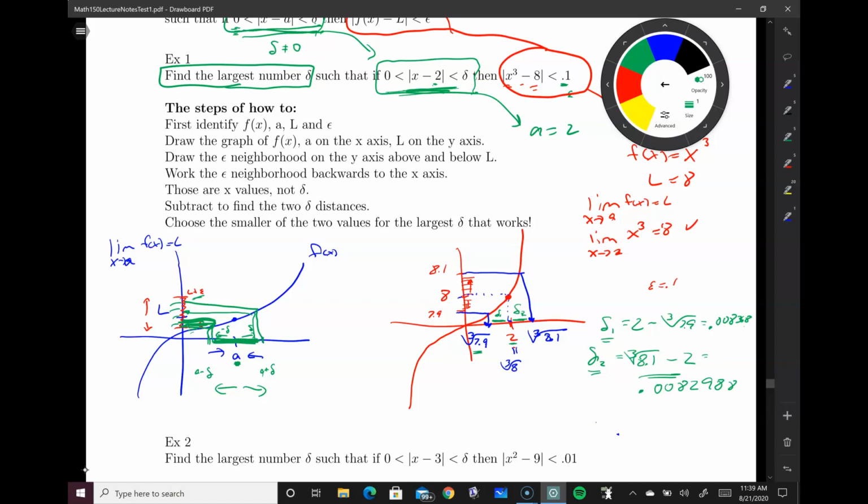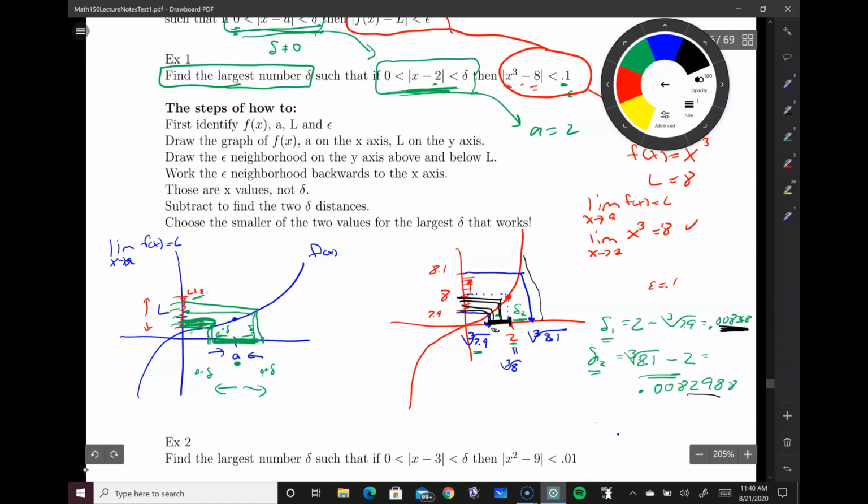So what am I talking about? This delta 1 distance is larger, right? So this is the larger distance. If I go this distance in this direction, for sure I end up in my epsilon neighborhood. It's all good, right? But over here, this is a smaller distance, right? So this black distance, if I use this one, would go all the way over to here.